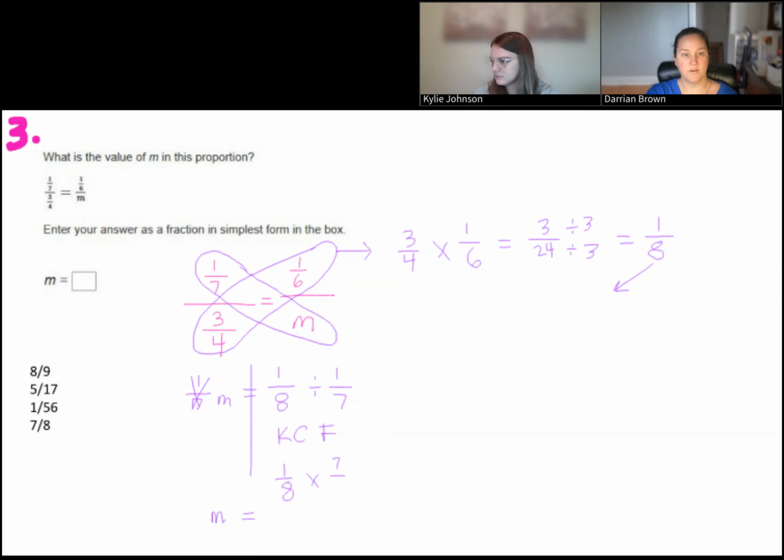So it becomes 7/1. Then we can just multiply straight across, and what would you get? Very good. 1 times 7 is 7. 8 times 1 is 8. So that is your final answer.